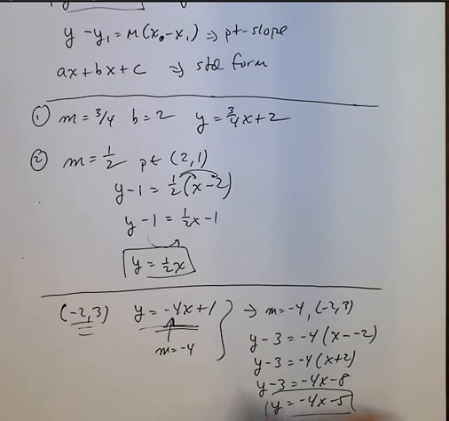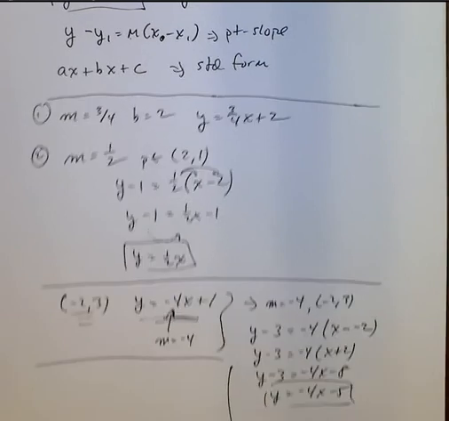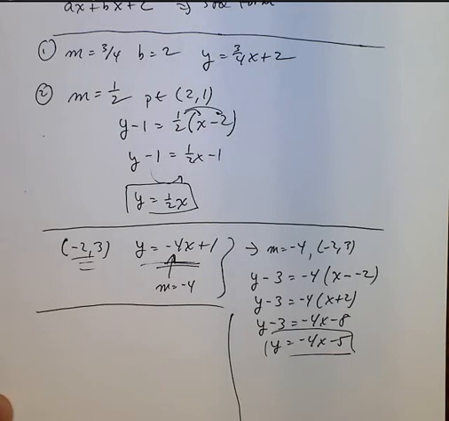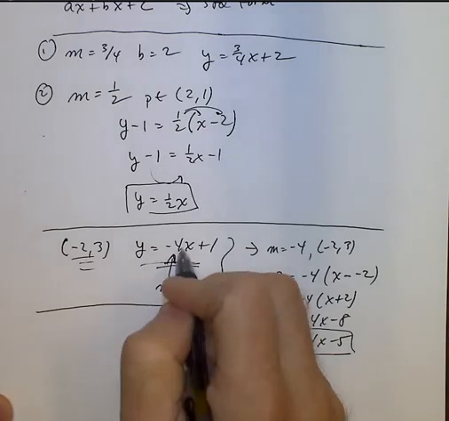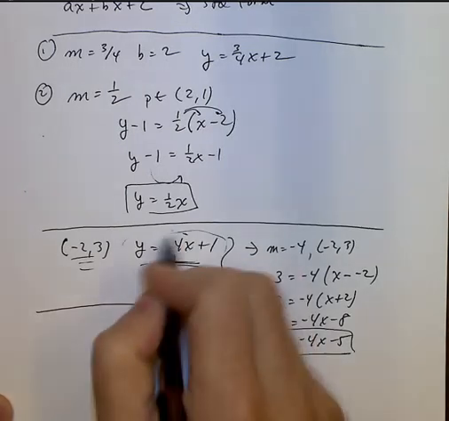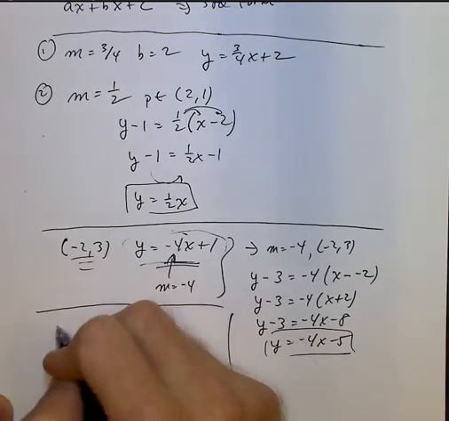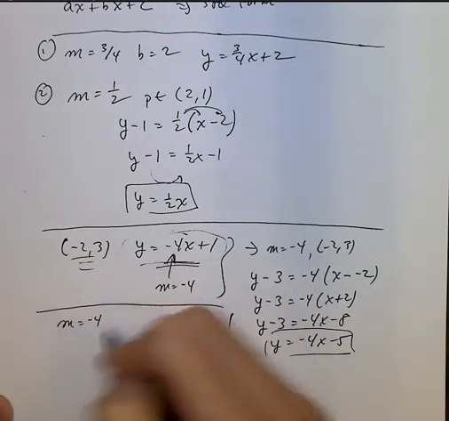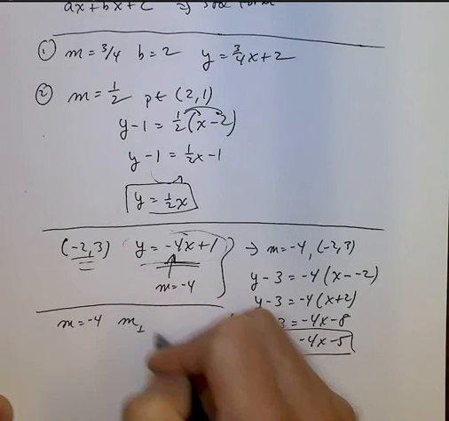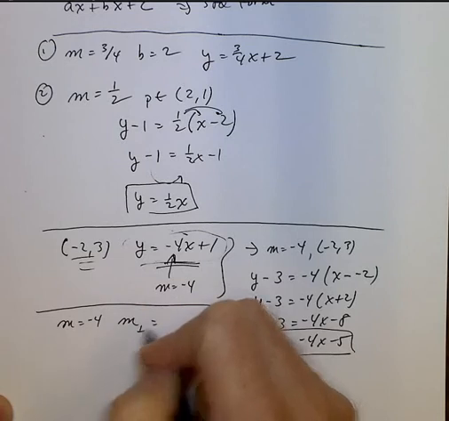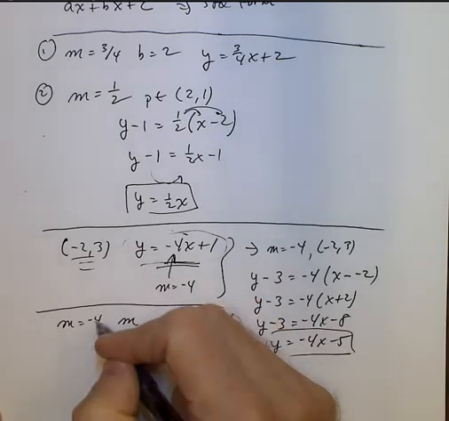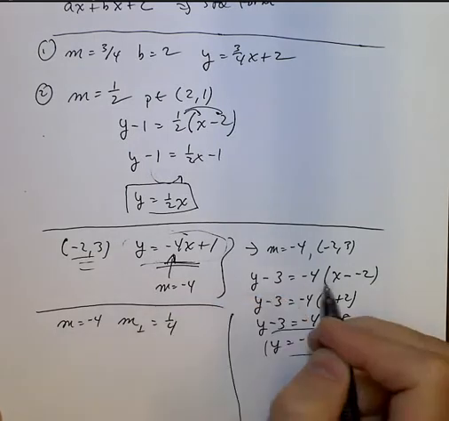If instead of parallel, I asked you for perpendicular, it's the same type of problem. If this is the line we want to be perpendicular to, remember, if the original line has a slope of negative 4, the slope of the perpendicular is the opposite reciprocal. So we change the sign, we make negative be positive, and we take the reciprocal of 4, which is 1 over 4. So our perpendicular line has a slope of a 4th.